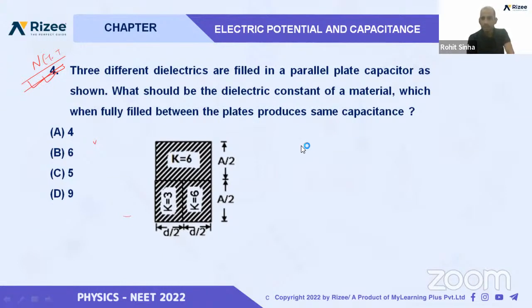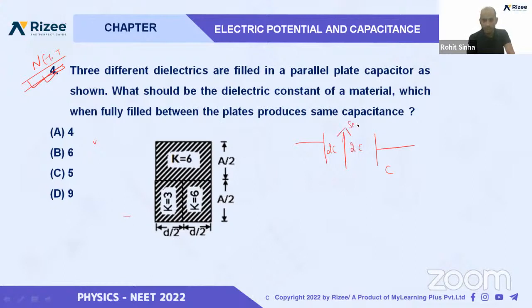Yesterday we studied one shortcut. I told you if we are having a capacitor C and I cut it like this, we have 2C capacitance and 2C capacitance, and both are in series combination.